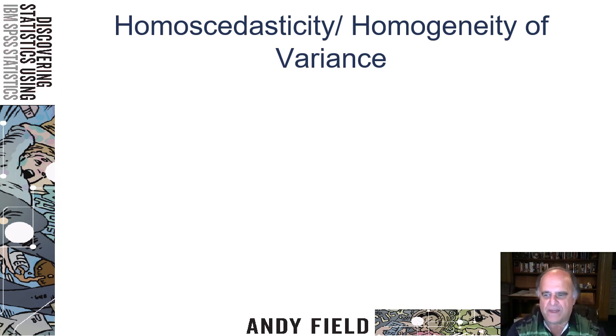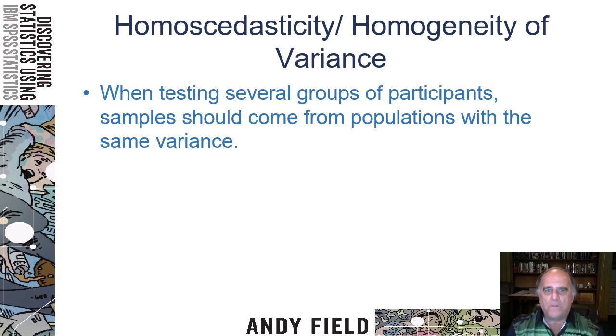We're going to move on here to homoscedasticity and homogeneity of variance. Again, this is a basic assumption of regression and of a lot of parametric tests. They're related concepts. Homogeneity of variance is that when testing several groups of participants, samples should come from populations with the same variance.